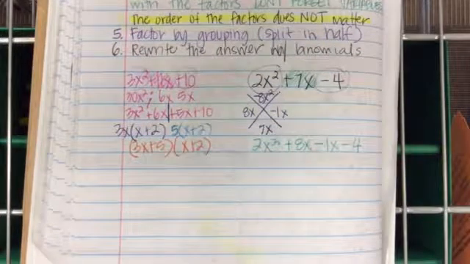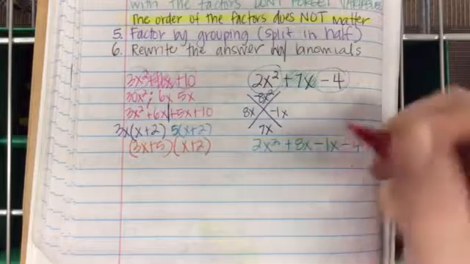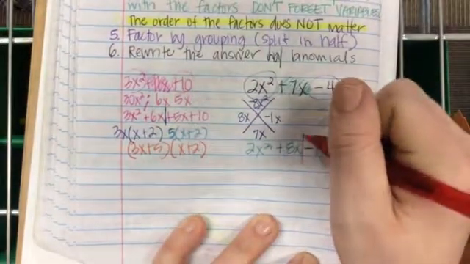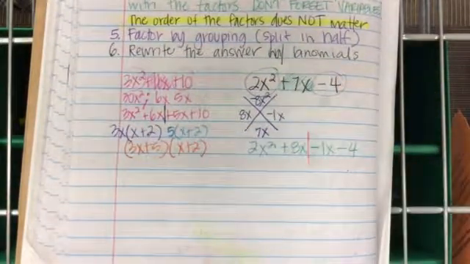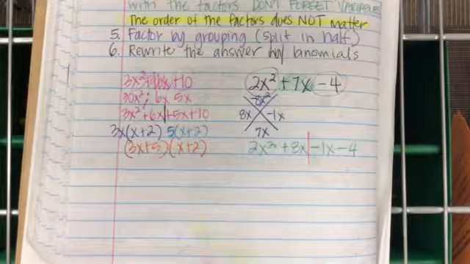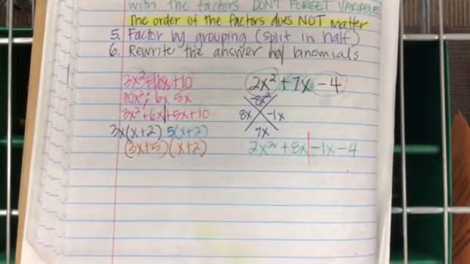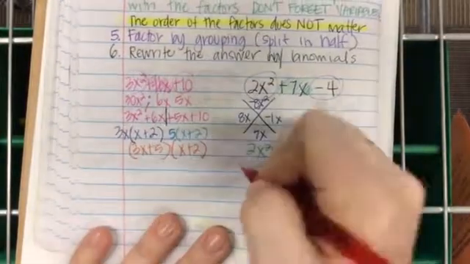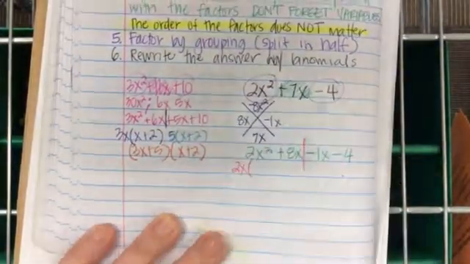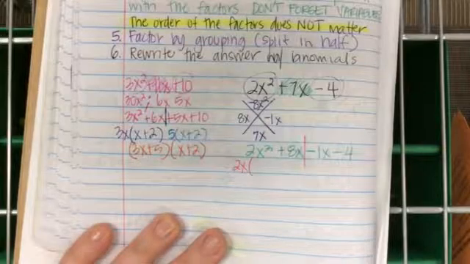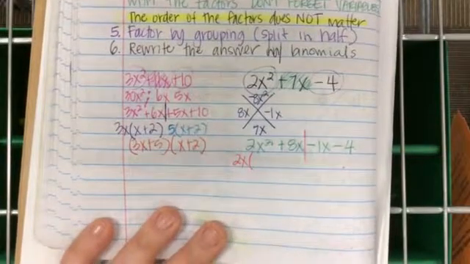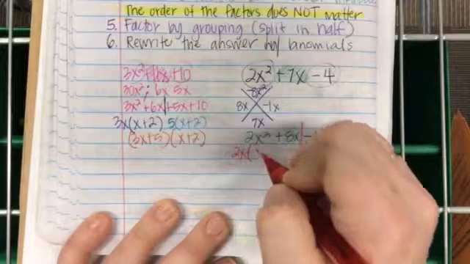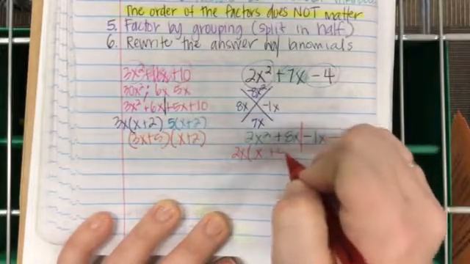Split it in half. Factors. Greatest common factor of 2x squared plus 8x. What's your leftover? X plus 4.